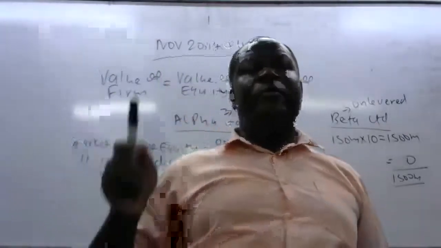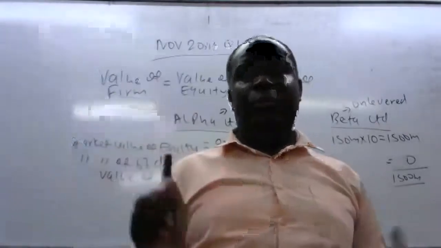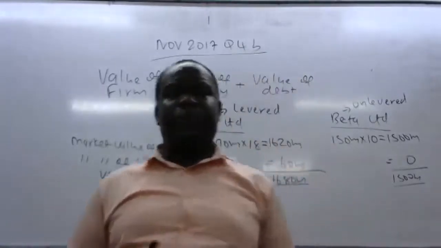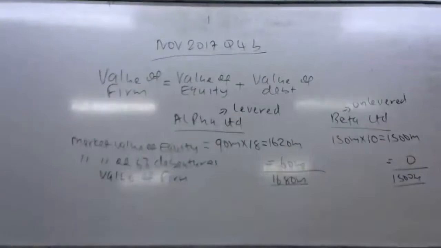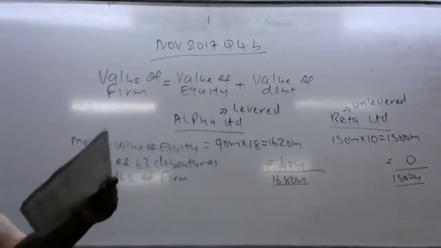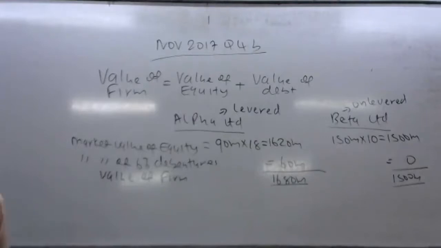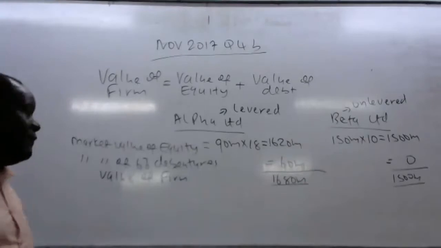M and M was able to prove that. This investor is currently in Alpha, but he is planning to go to Beta. So what are the net benefits from there?